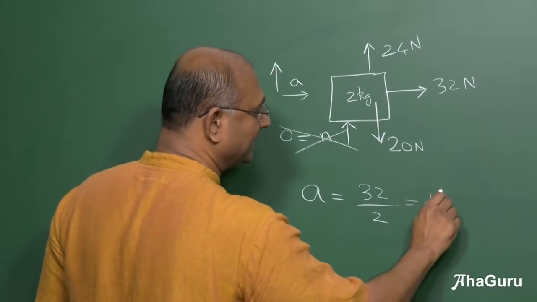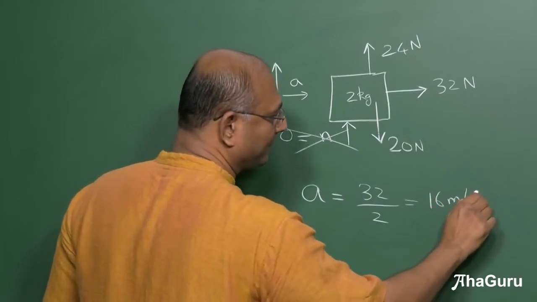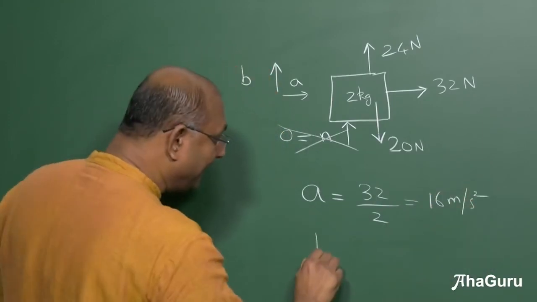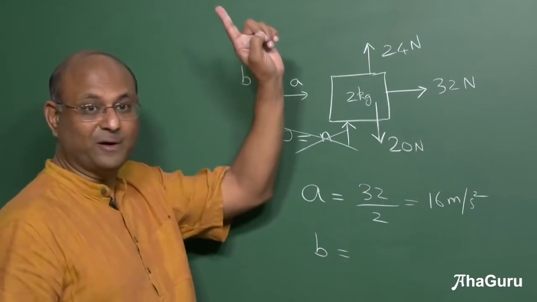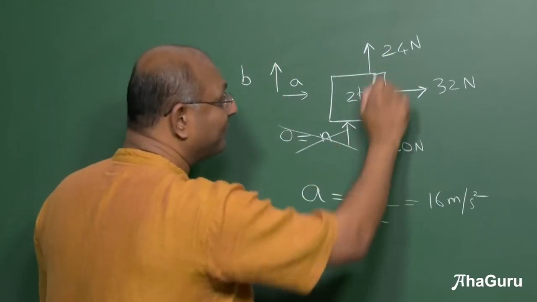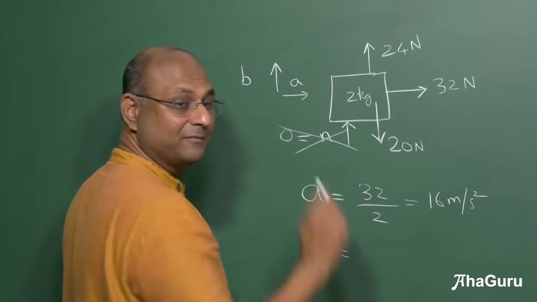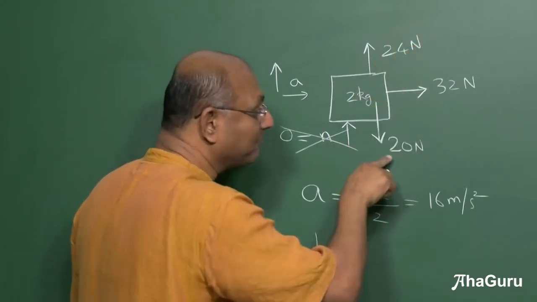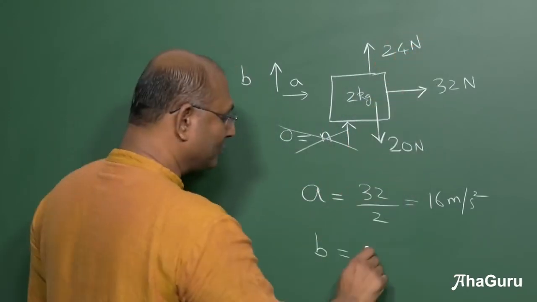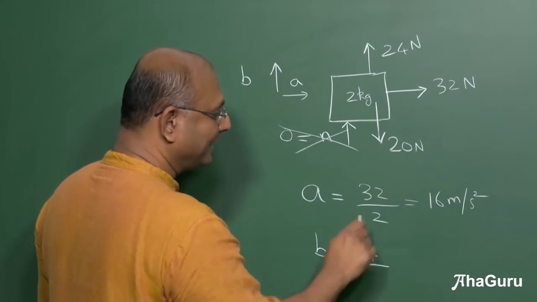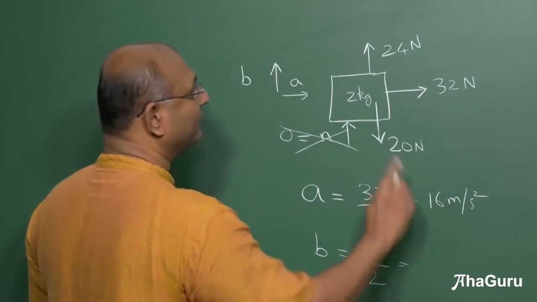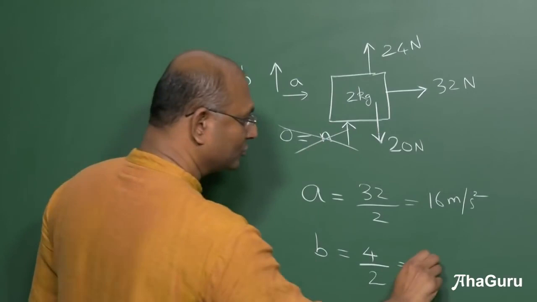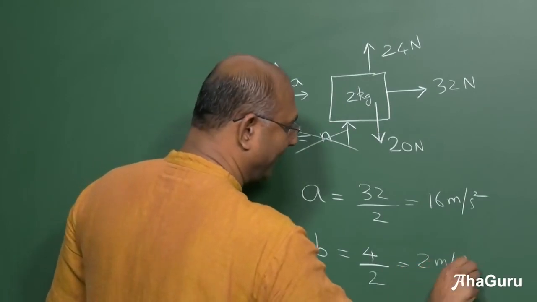So this is 16 meters per second square. B, which is the acceleration upward, is net force in the vertical direction, which is how much? 24 j cap minus 20 j cap. So it is 4 j cap divided by 2, net force upward by mass. So 2 meters per second square.